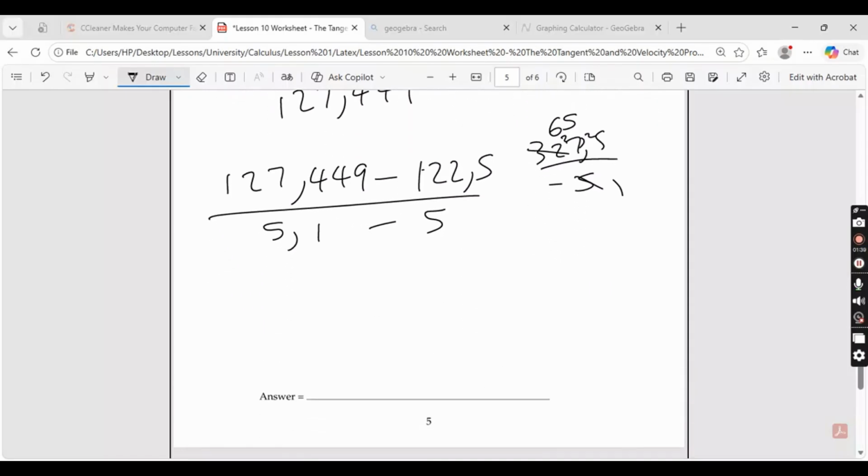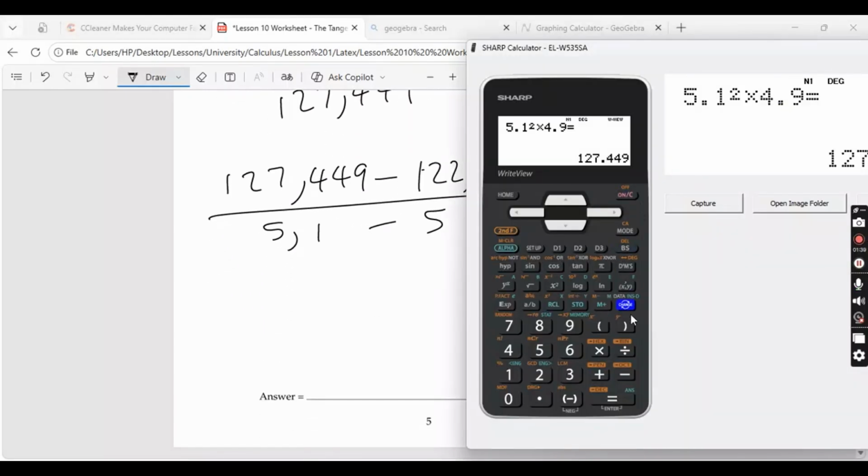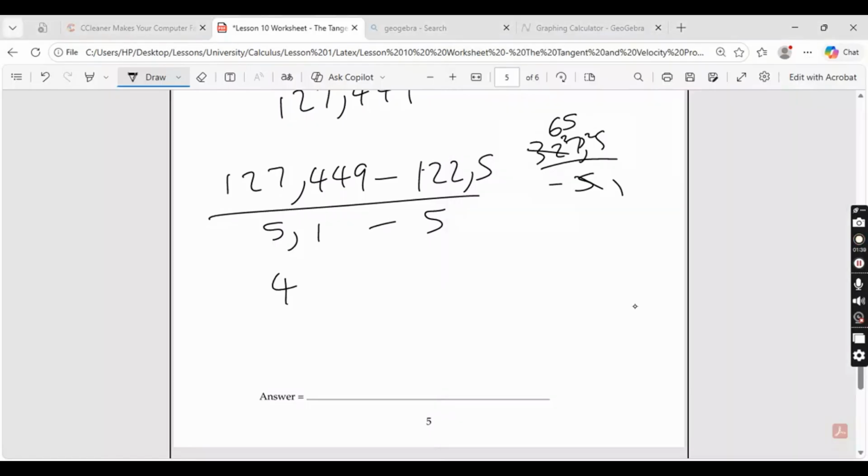And then at the top, we subtract, we get 4.949, says what?